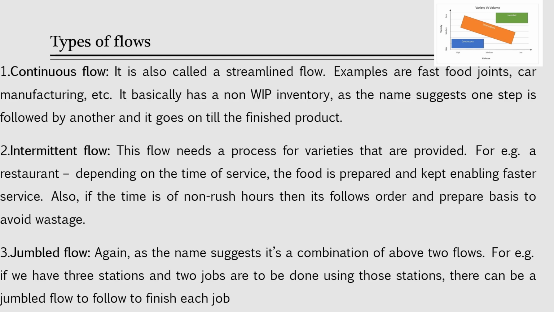Now as a summary, you can see continuous flow, which means we are going to do the production at one step and the second step follows after finishing the first step. So it's going continuously until the product finishes. But in the intermittent flow, it depends on the customer requirement.